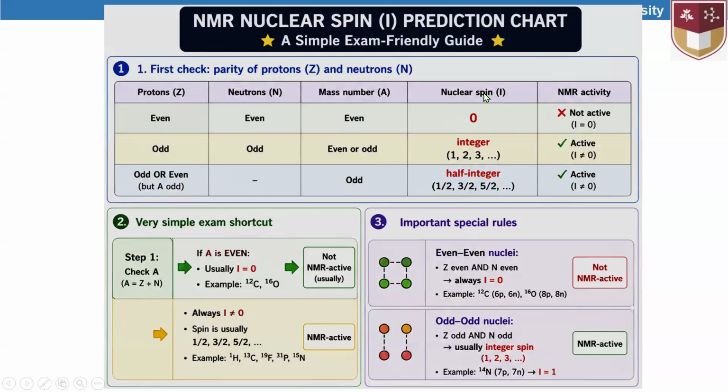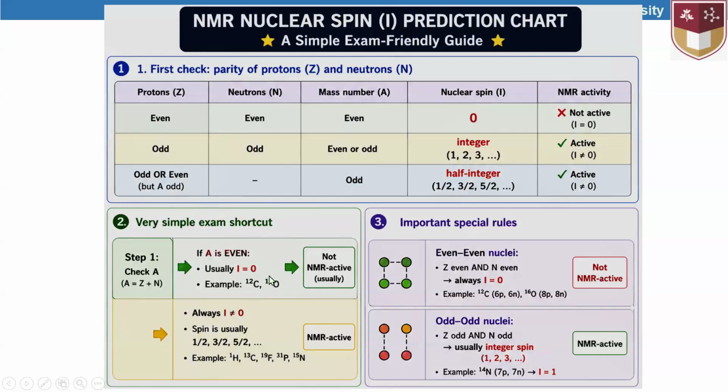Here we can understand that carbon 12 or oxygen 16 isotopes, for example, are NMR inactive. They are not NMR active because, as we talked, the protons number is 6 in carbon 12 and the neutrons number is 6. So this isotope is NMR inactive.